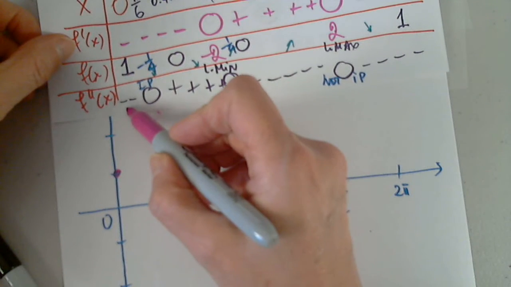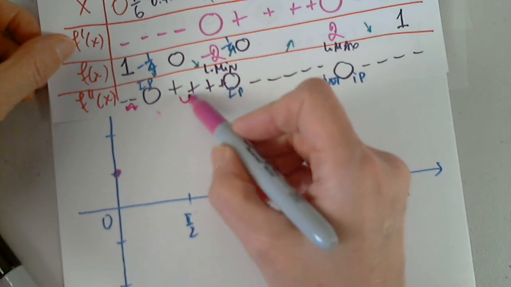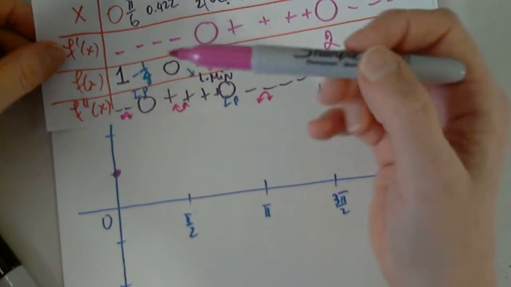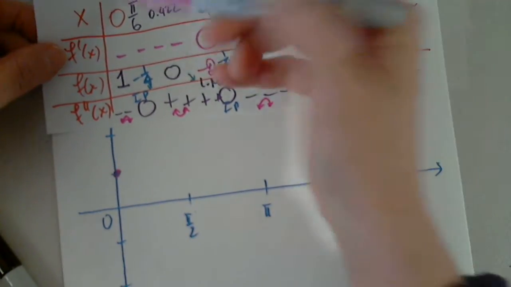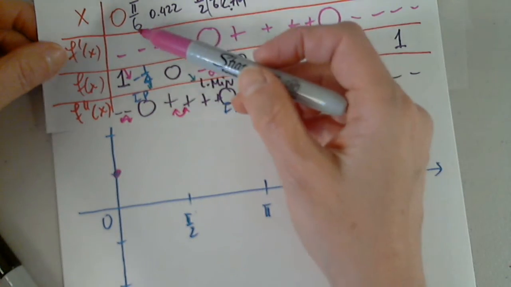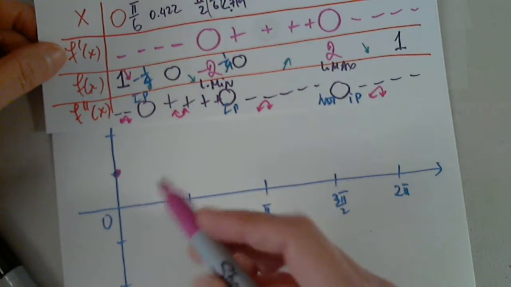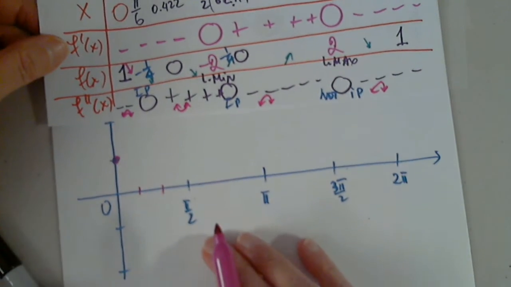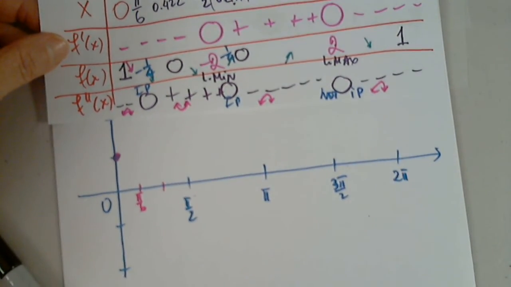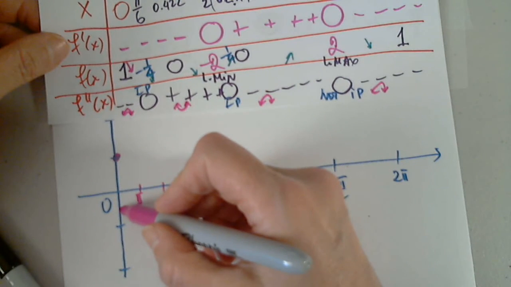It will decrease to negative 1 over 4 at pi over 6. If this is pi over 2, I divvy up in 3 equal parts, then this is pi over 6. And it's negative 1/4.